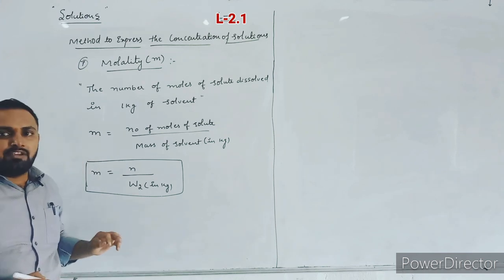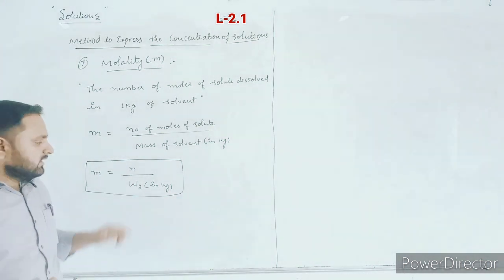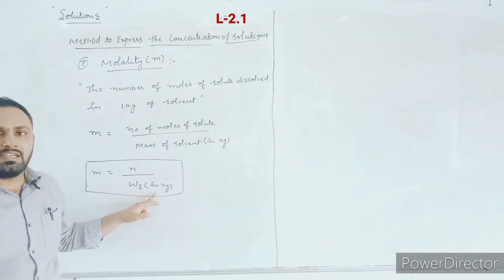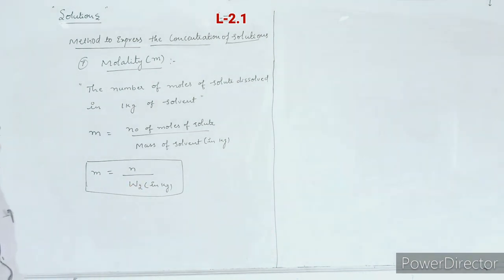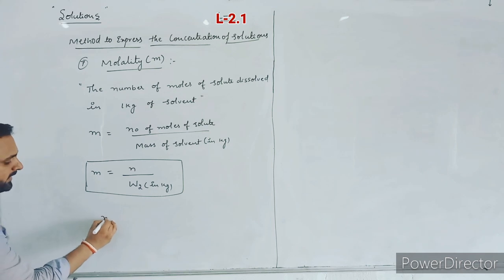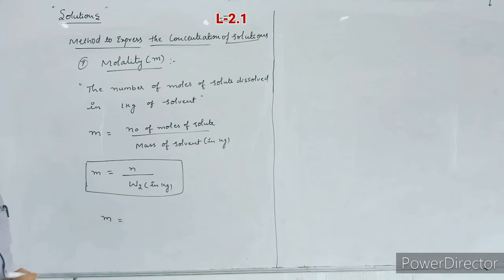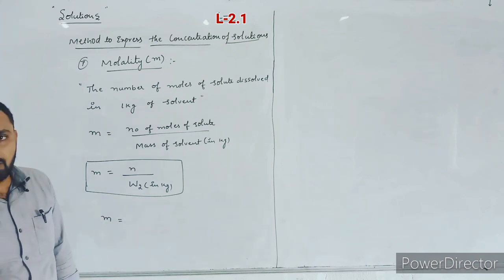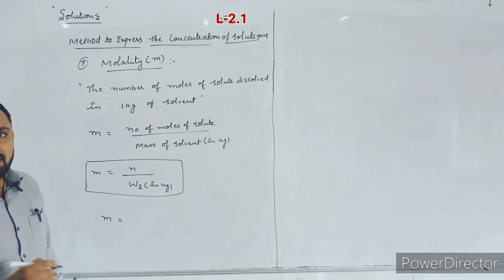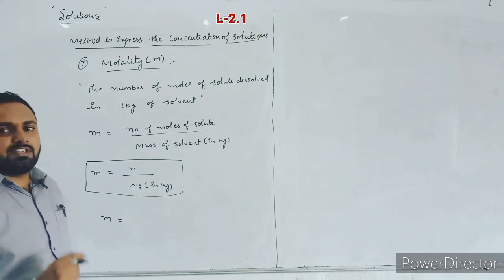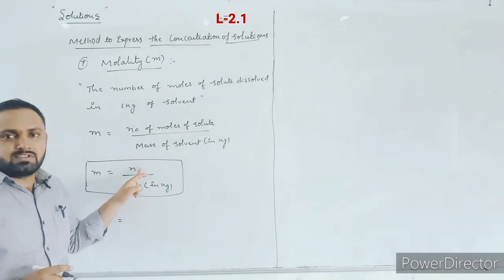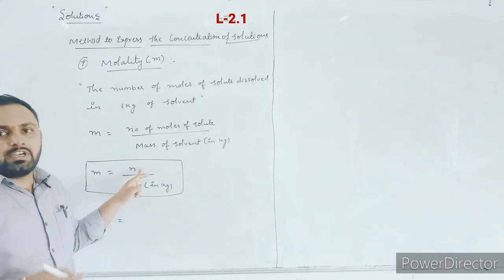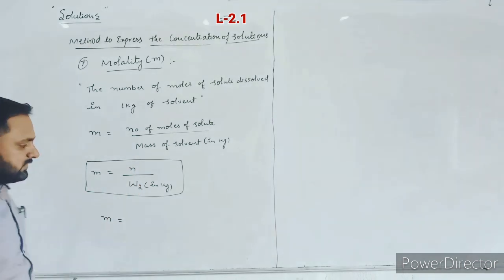Suppose in the question the mass of solute and the mass of solvent are given in grams, then we have to rearrange this equation. If the mass of solute is given, then you have to convert the mass of solute into number of moles of solute. The formula for the number of moles of solute is given mass of solute divided by molar mass of solute.